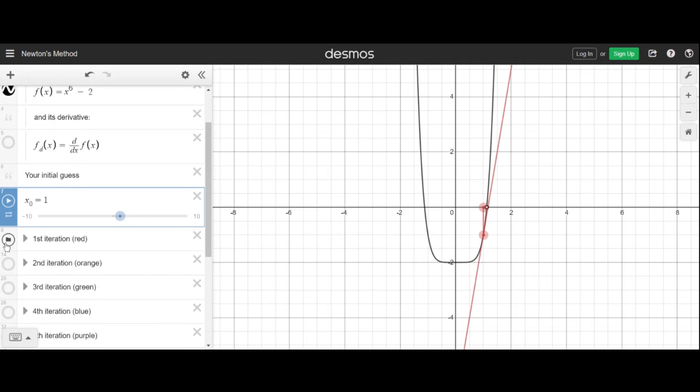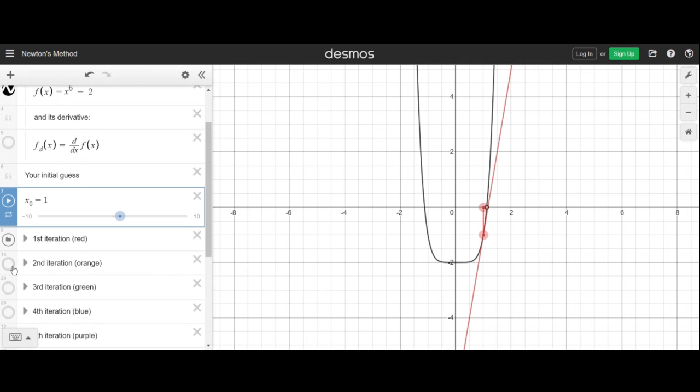See that? It drew a tangent line to the curve when x equals 1, and then it crosses the x-axis, and now we're going to use the value of x2, which incidentally was 7/6.